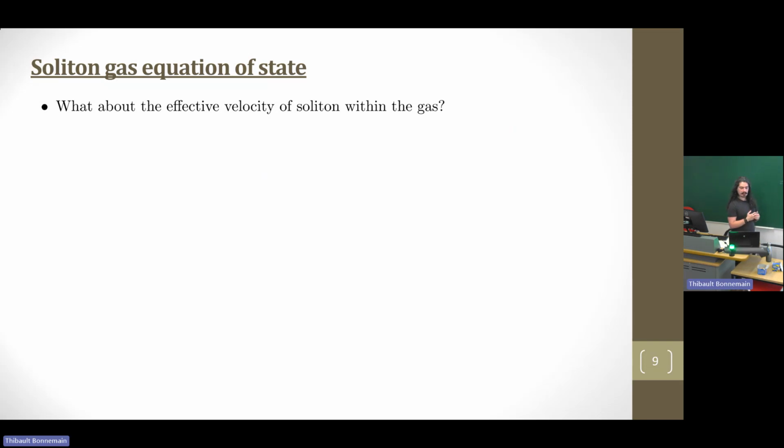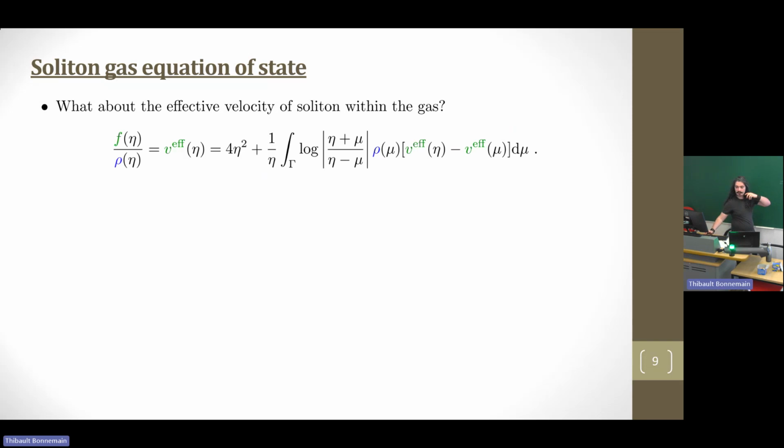And earlier also I defined the effective velocity as the ratio of the spectral flux over the density of states. And now the nonlinear dispersion relation gives me a way to evaluate this. So as before, I define this effective velocity in this way, and this gives me an integral equation for the effective velocity to solve.